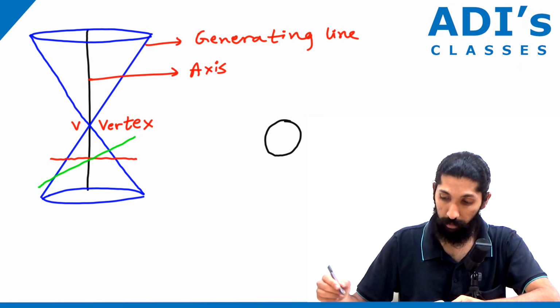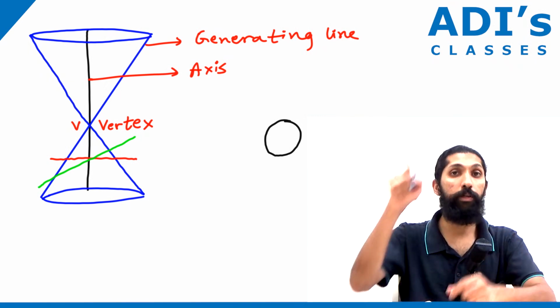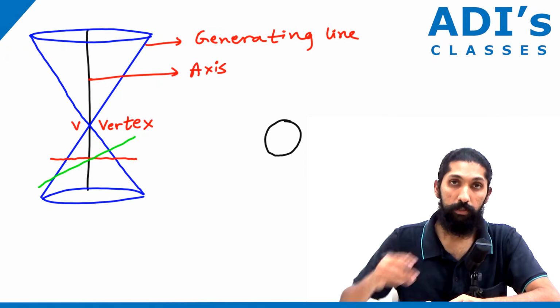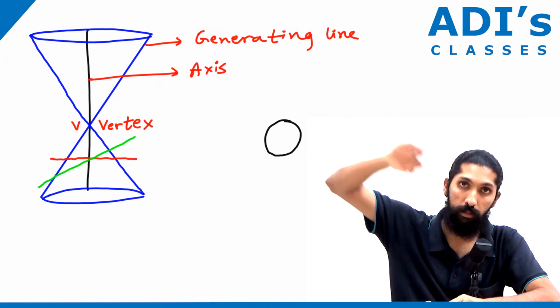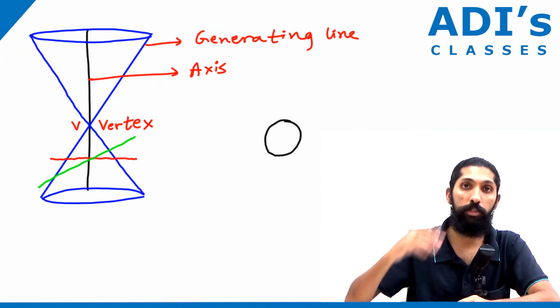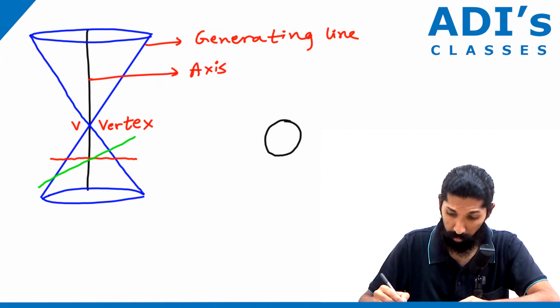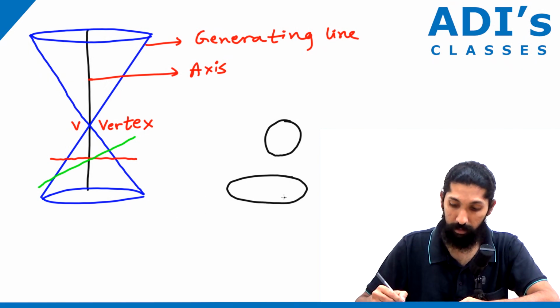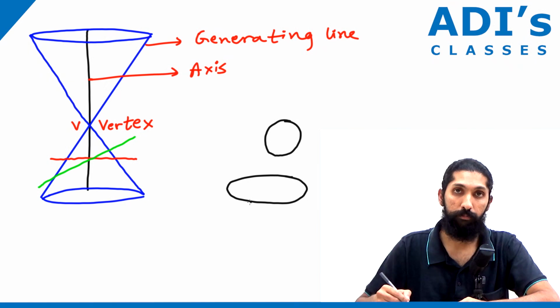Now, if you cut this, you won't get a circle, but you're going to get an oval shape, correct? Like this, it's a circle. Like this, you're going to get some oval shaped figure, something like this. This is what we call an ellipse.